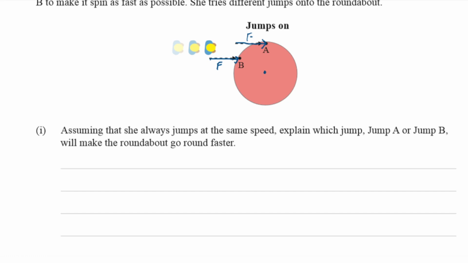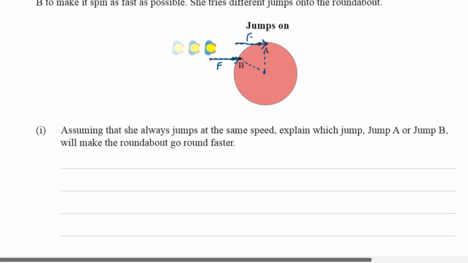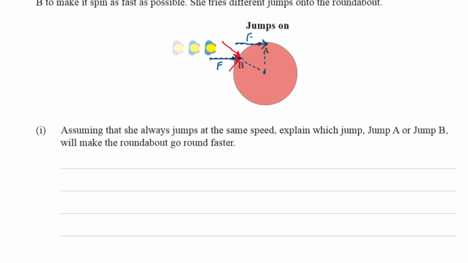So the axis of rotation is assumed to be in the center of the circle. I'll just draw a few radii. Looking at position B, we could split that force vector into a component going that way and a component going that way.